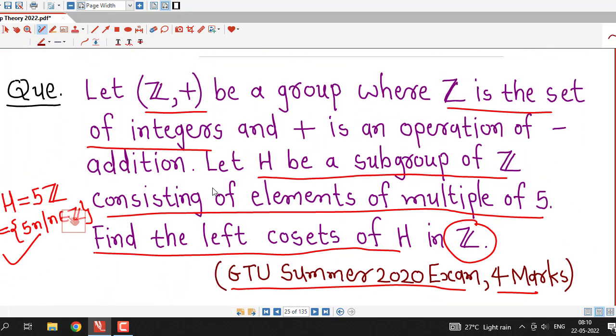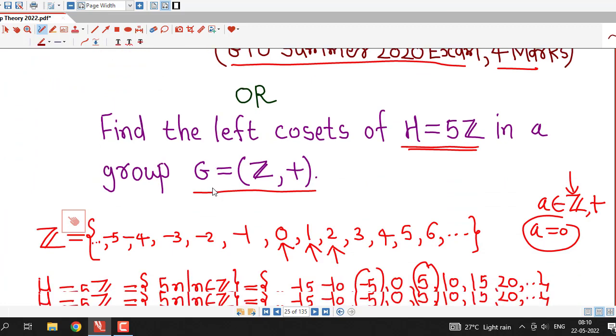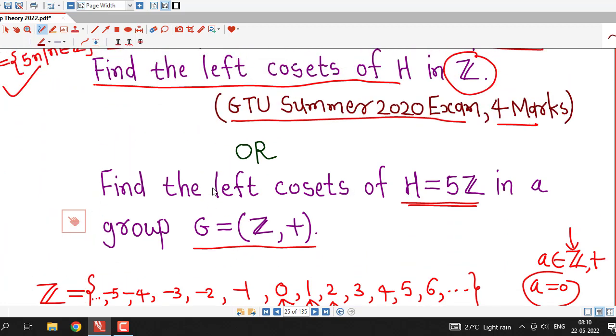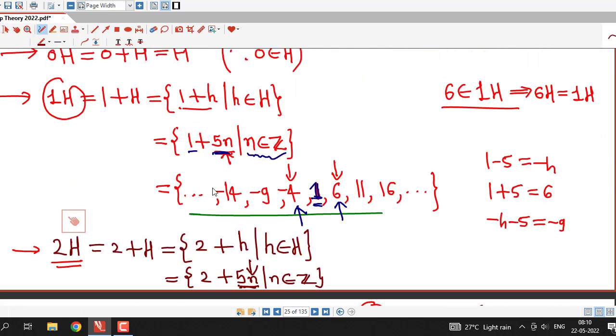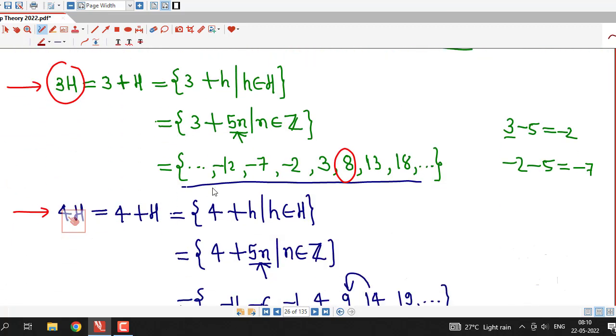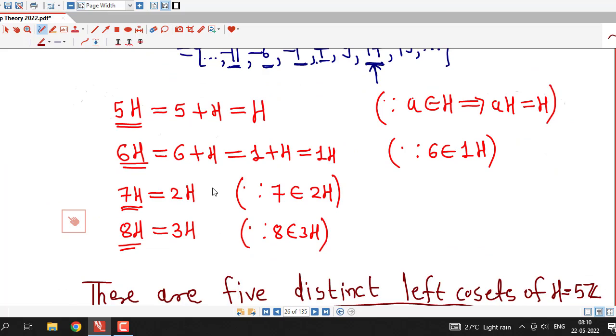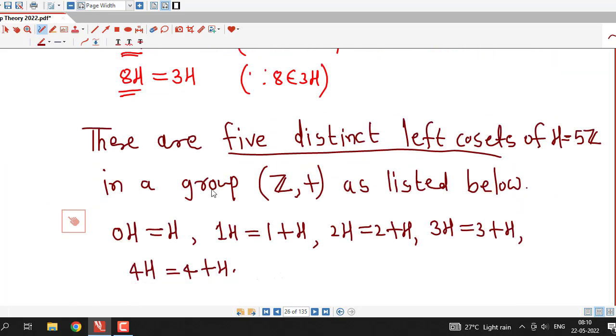In this way we can answer this type of question, but be sure that you don't miss any different left coset. We must write all the possible left cosets which are different, and then we can write that these are the 5 different left cosets.